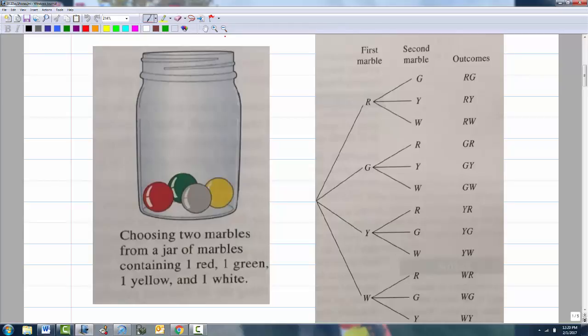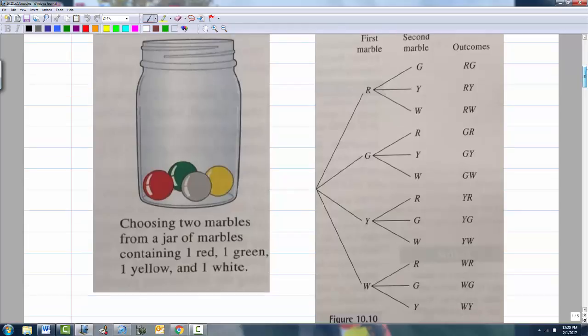Okay, well, here's the scenarios that could occur. And again, when you have to construct a tree diagram, these are what could happen. You could choose red first, or green first, or yellow first, or white first. These are the first 4 possibilities.